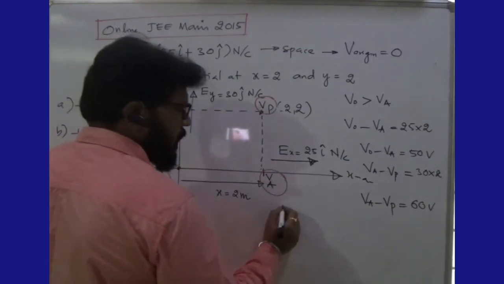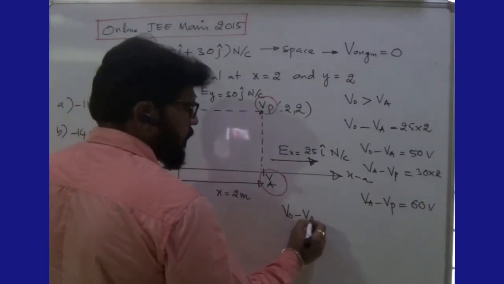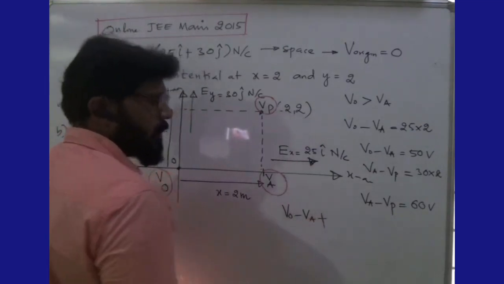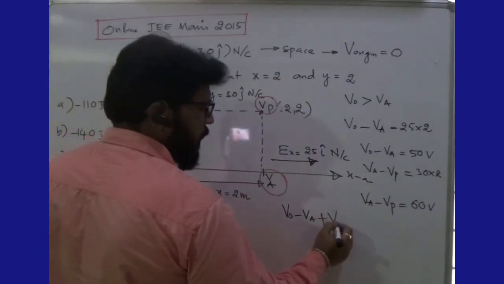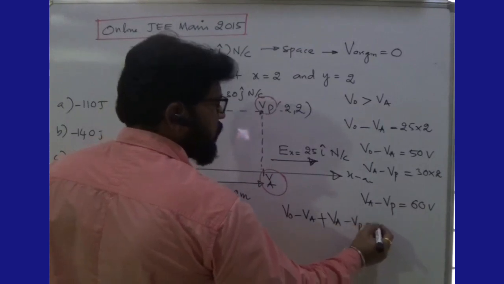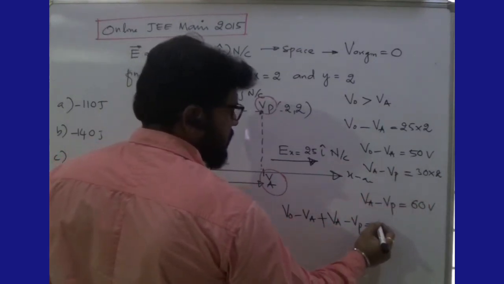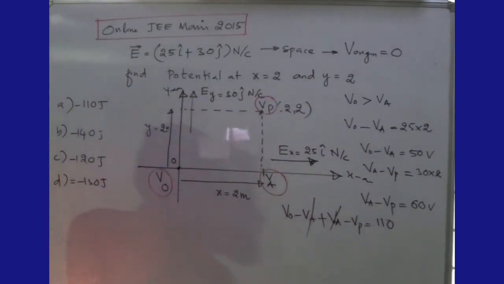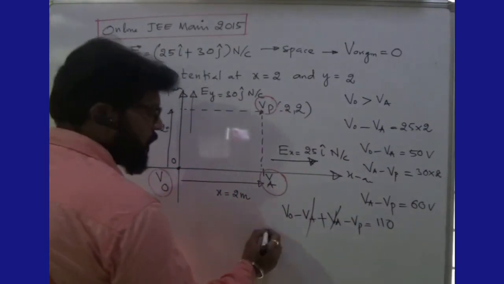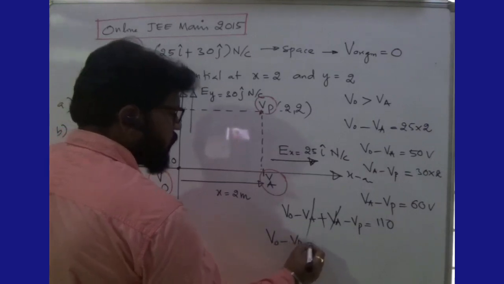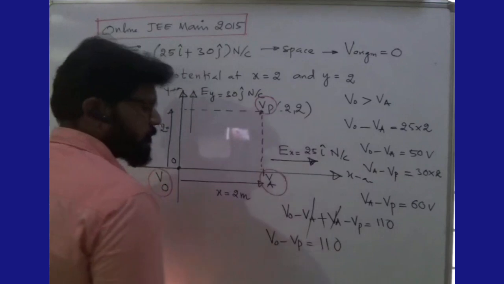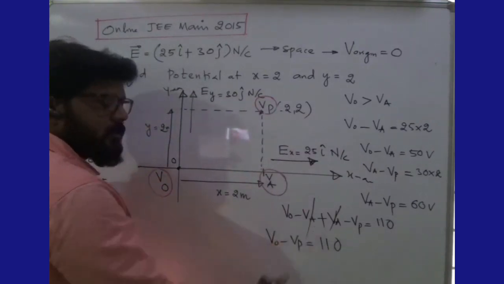Now adding V naught minus VA plus VA minus VP gives 50 plus 60, which is 110. These two will get cancelled. So V naught minus VP is equal to 110.